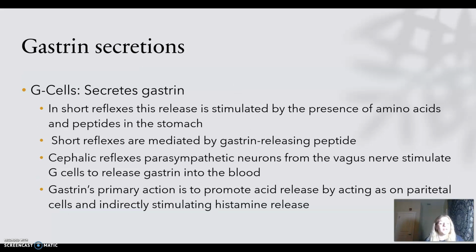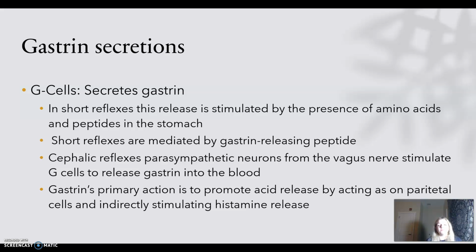So the first secretion I will talk about is gastrin secretions, and the G cells are what secrete gastrin, and you can find G cells deep within the gastric glands. In short reflexes, this release is stimulated by the presence of amino acids and peptides in the stomach. Short reflexes are mediated by gastrin-releasing peptides, GRP for short, and it is an ENS neurotransmitter.